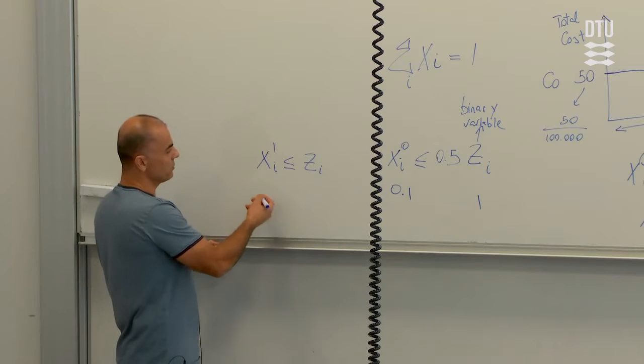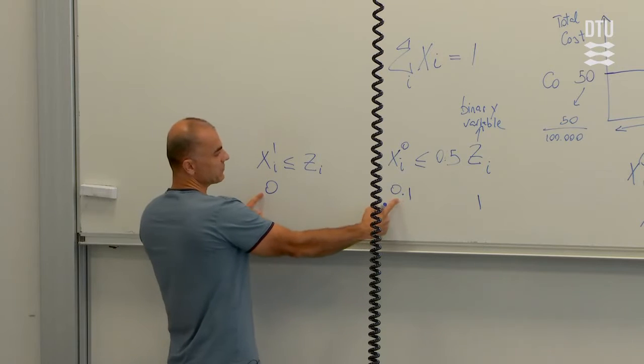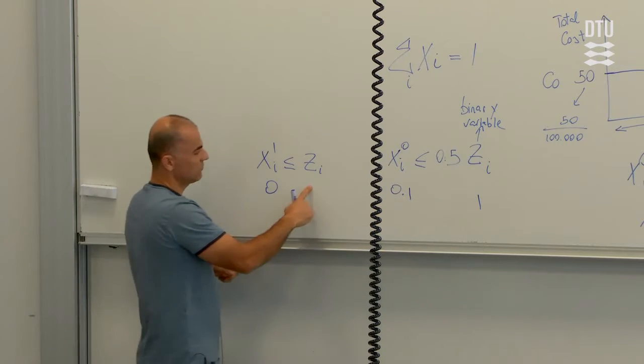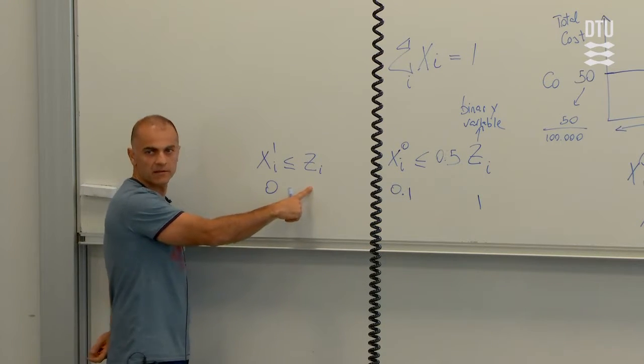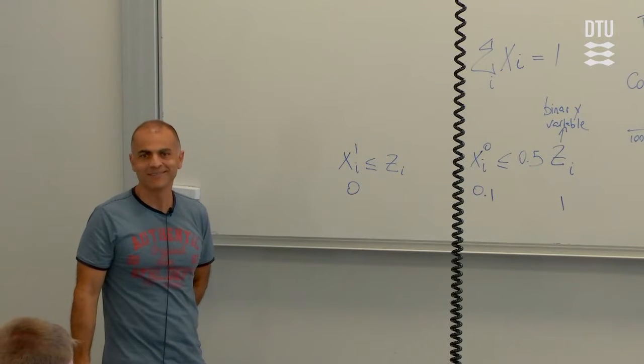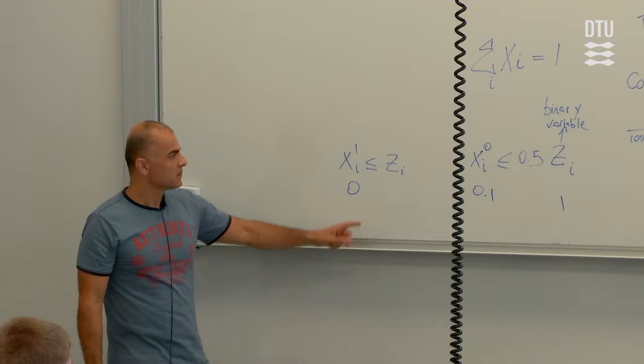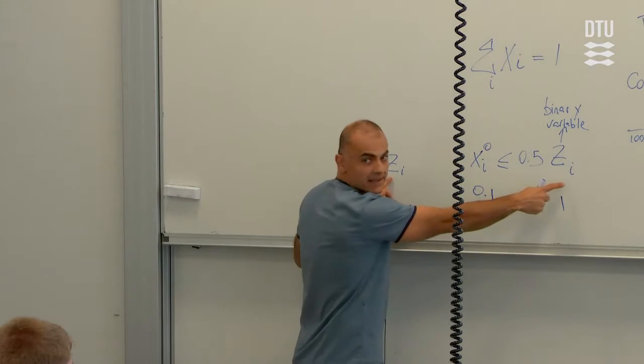Notice here, even though this was, let's say, 0 and this was 0.1, what should Zi still be? 1 or 0? It's a 50-50 chance. But notice this is the same Z over here.